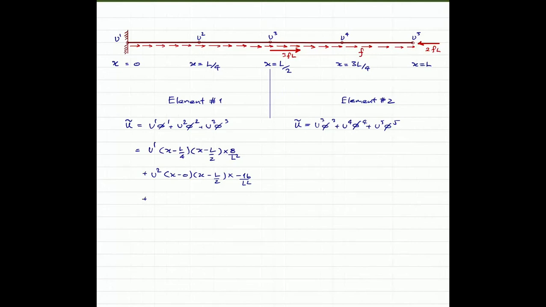The last one, u3, times x minus 0 and x minus L over 4. You substitute L over 2 into x and end up with L over 2 multiplied by L over 4. So you need 8 over L squared.